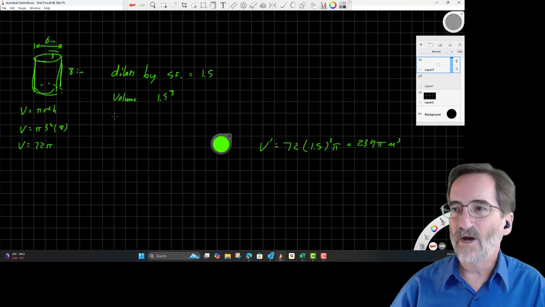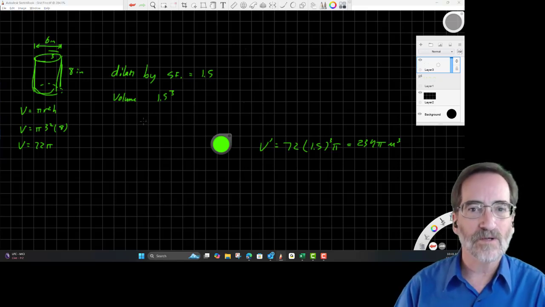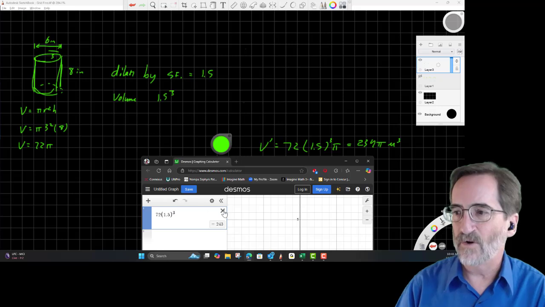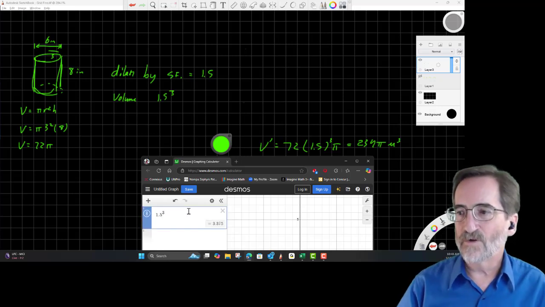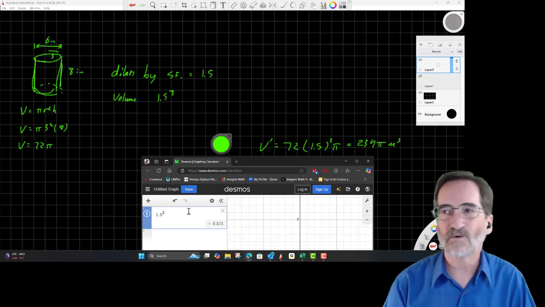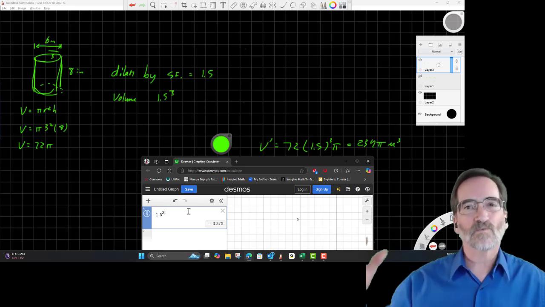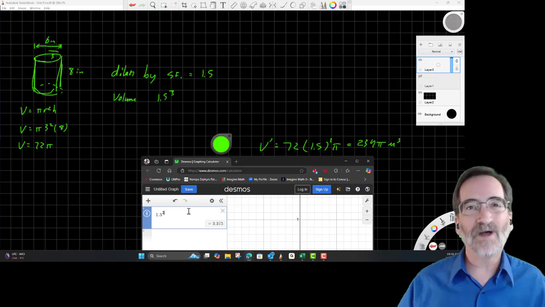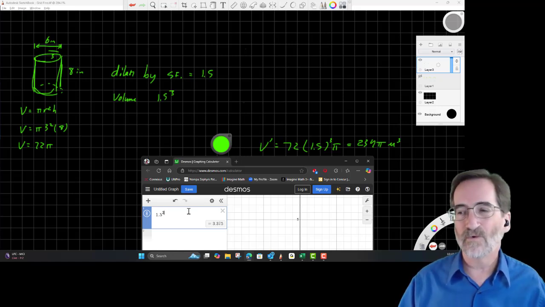I want you to notice something here. 1.5 to the third power is not a terribly small number. 1.5 to the third power is 3.375, so the new volume is more than 3 times the original volume. Volume grows with the cube, so it grows much faster than surface area or length or perimeter.